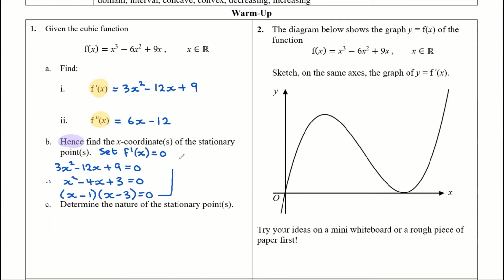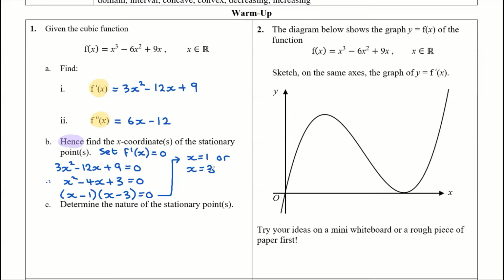And just moving up here, so I've got a bit more space. So x is equal to 1, or x is equal to 3. So we've just determined or deduced that there are 2 stationary points, okay, when x is 1 and x is 3. We now have to determine the nature of these stationary points.